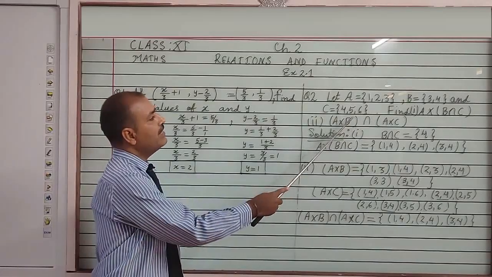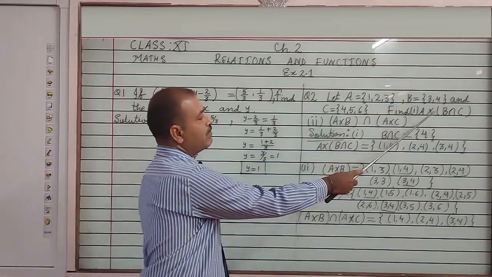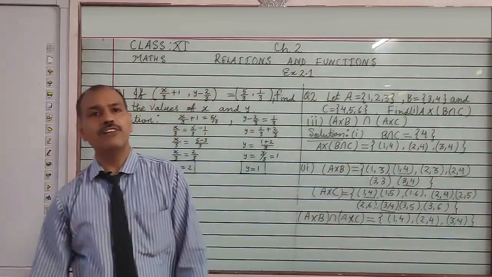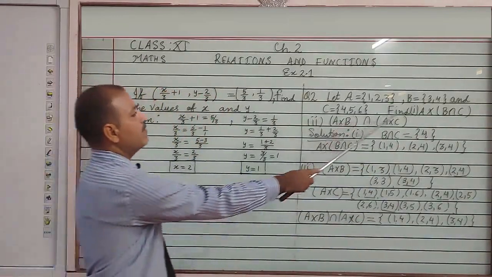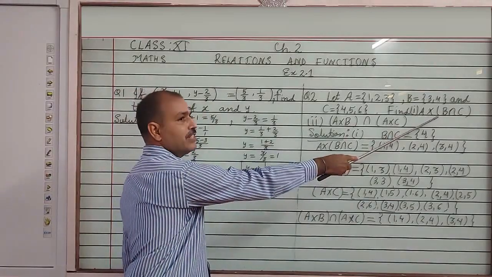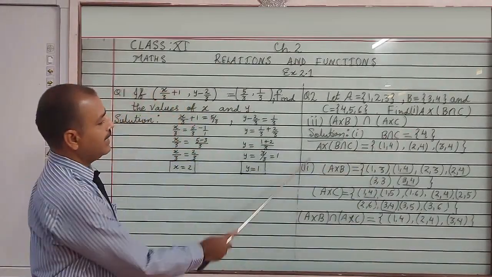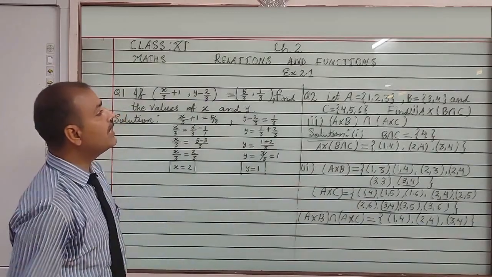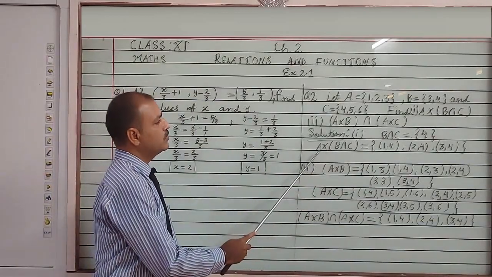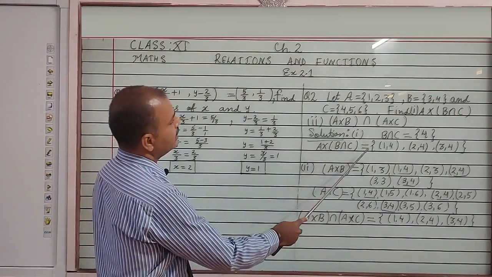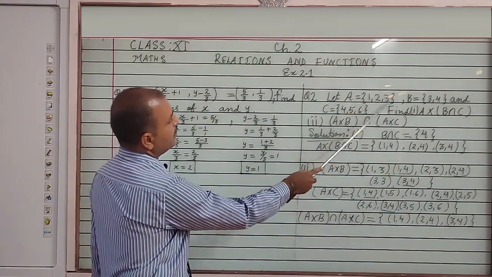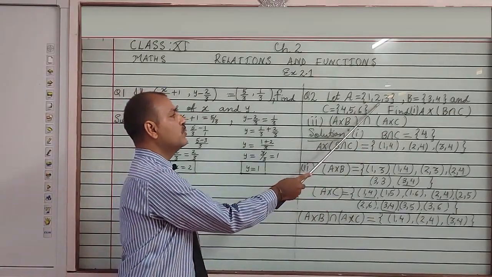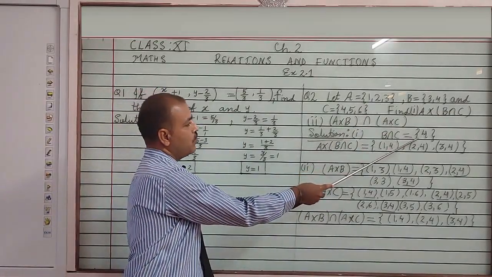Now we have to find the value of A × (B ∩ C). The value of A is {1, 2, 3}, and we multiply 1, 2, 3 by 4.